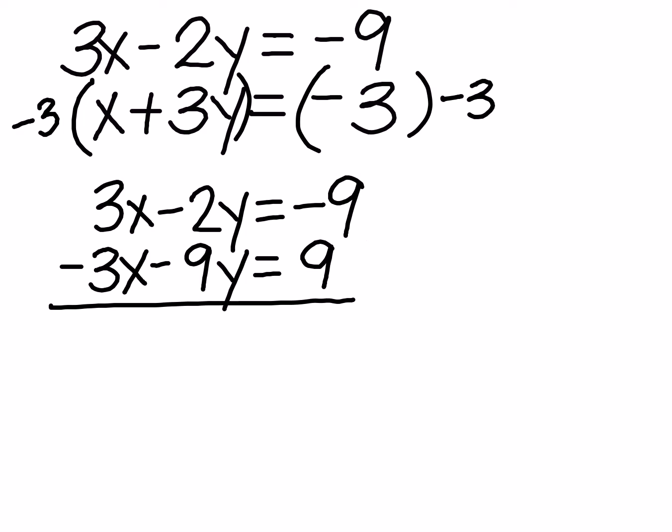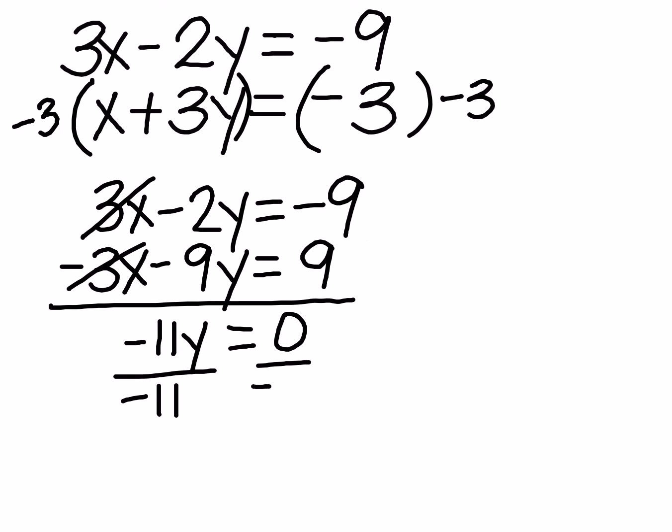Now I can see that 3x minus 3x gives me 0. I am left with negative 11y equals 9 minus 9 is 0. Divide both sides by negative 11. The negative 11's cancel to 1. Y equals 0 divided by negative 11 is 0.